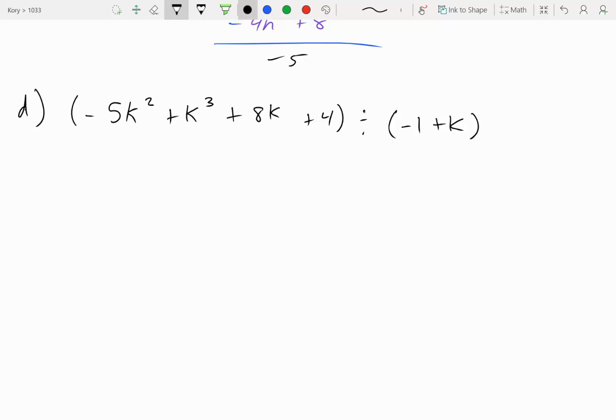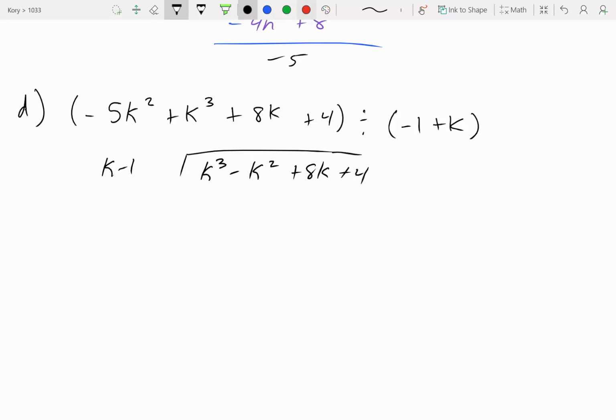Doesn't matter what else, just only what goes inside the house or garage or however you learned it. So we have k cubed minus 5k squared plus 8k plus 4. And we can leave it on the outside as negative 1 plus k, but that's really weird to us. So we're going to change that to k minus 1, just to make it look better for us.